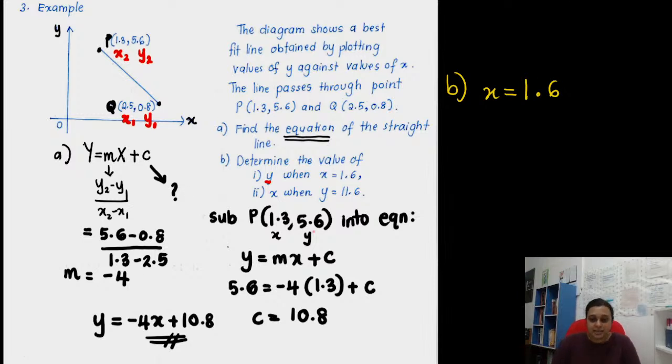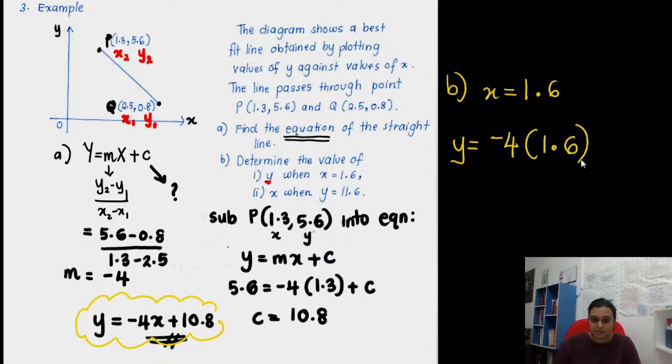We ganti inside here, because just now the A, you already know what is your persamaan, right? So you ganti the x, negative 4 times 1.6 plus 10.8, like that. Okay, we get 4.4. So y ialah 4.4.